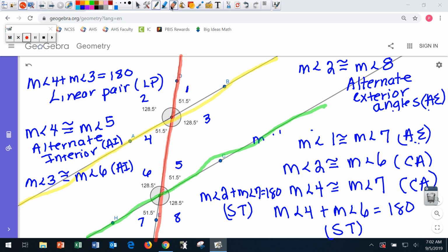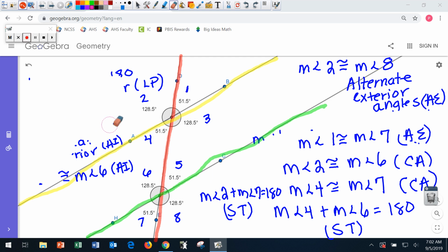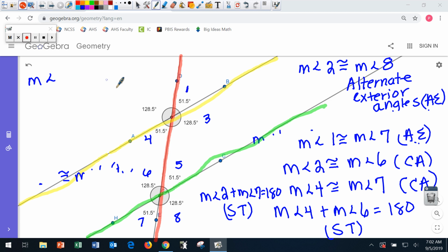Let me get the ones that you already know from middle school. I'm going to erase this. The angles that you already know from middle school are the vertical angles. So the measure of angle 1 is congruent to the measure of angle 4 by vertical angles.